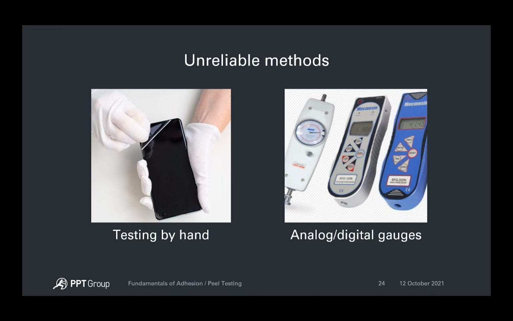They too are somewhat unreliable for peel testing applications. In other words, you could take 5 different operators, have them manually perform the same peel test, and you're likely to have 5 different test results. Inconsistencies in speed and jerkiness in pulling actions are the main causes of the variability in the test data, which will be detrimental to the actual data collection process.